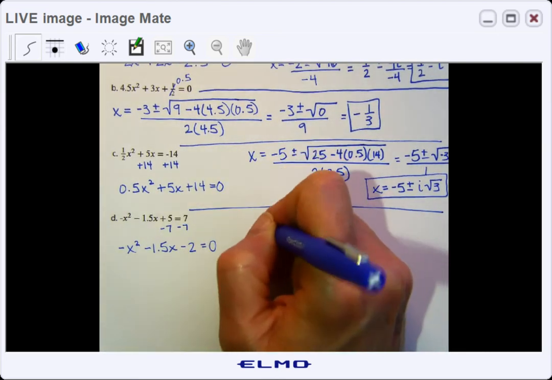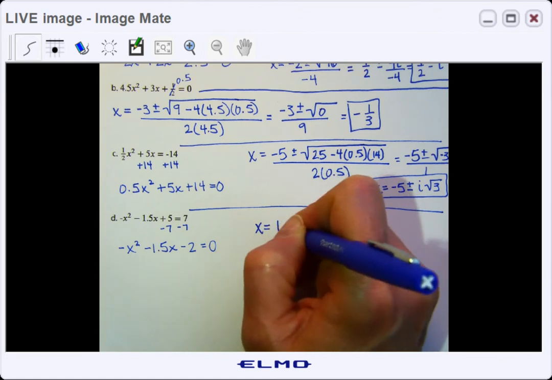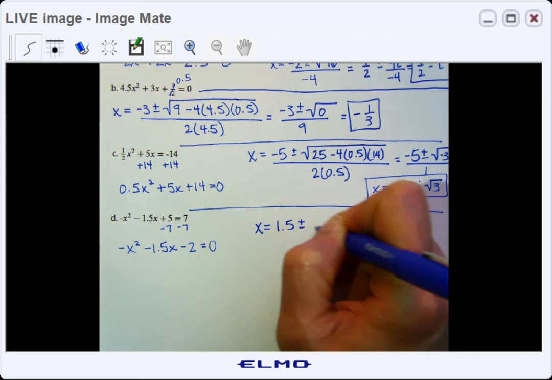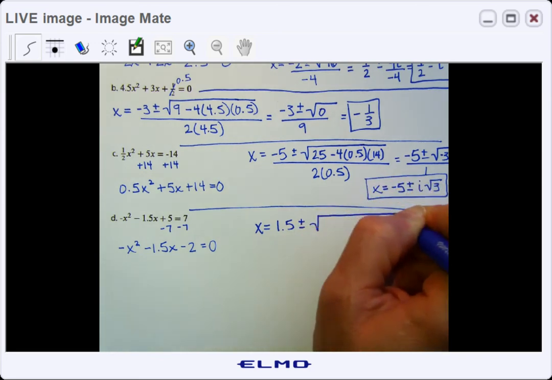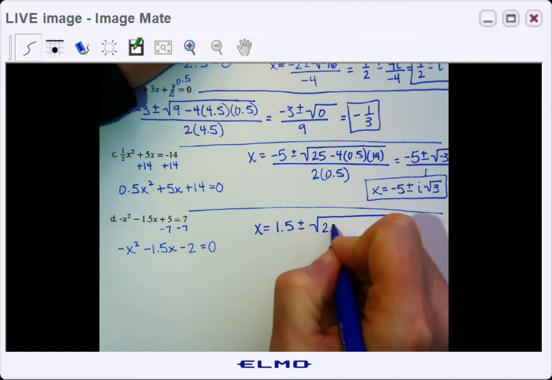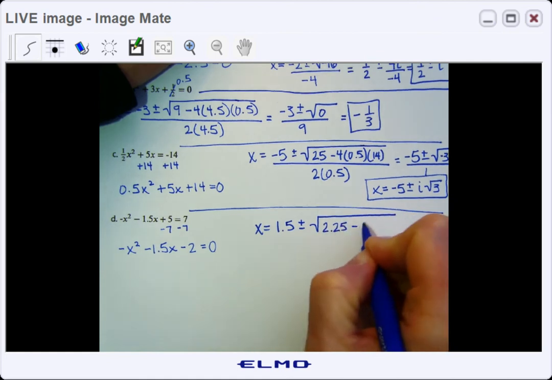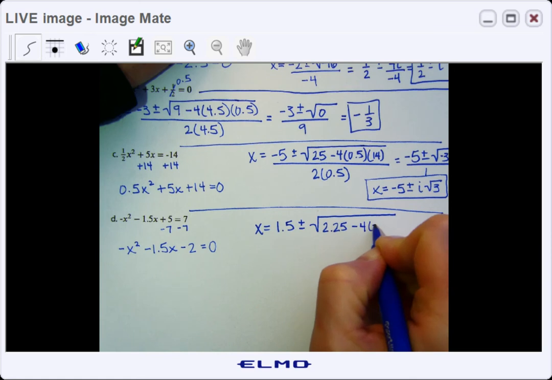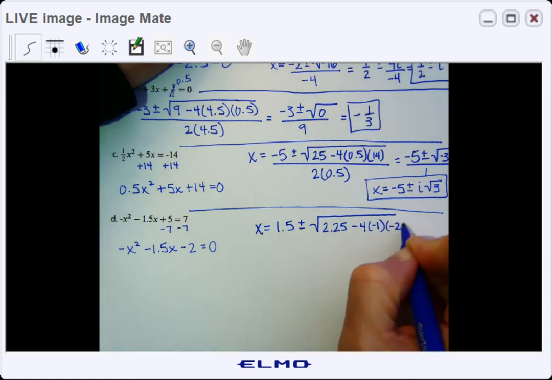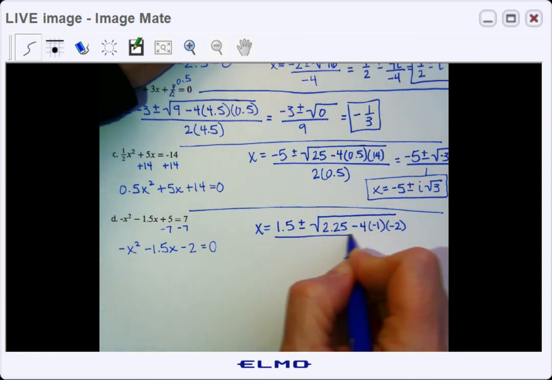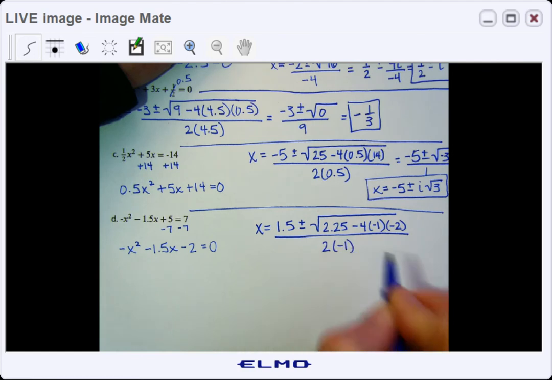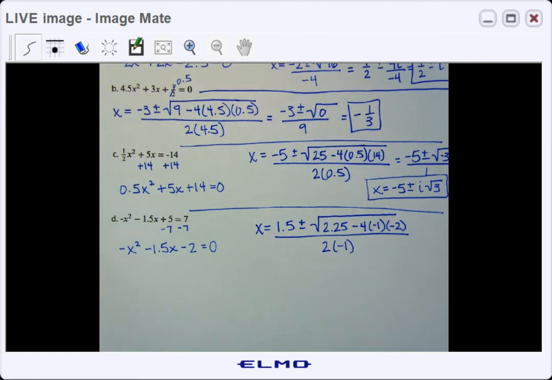X equals -b, so positive 1.5, plus or minus the square root. -1.5 squared is 2.25, minus 4 times a, which is -1, times c, which is -2, all over 2 times -1.